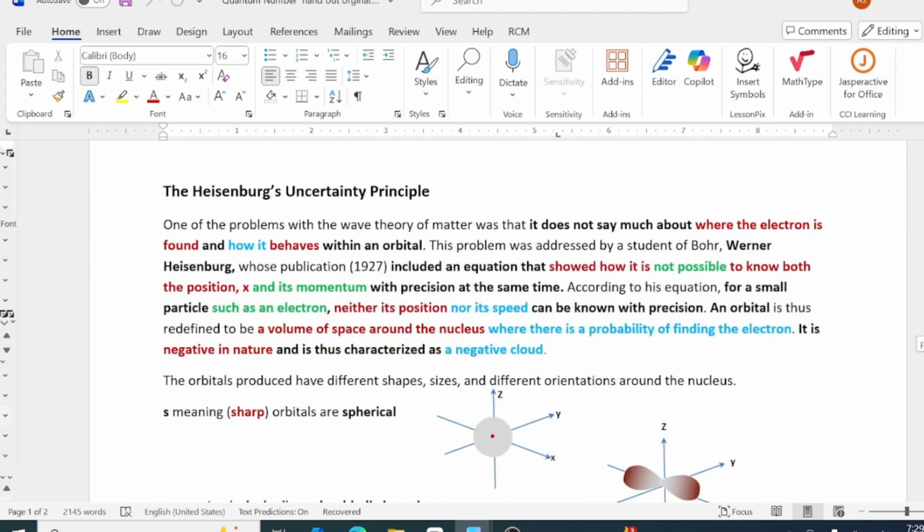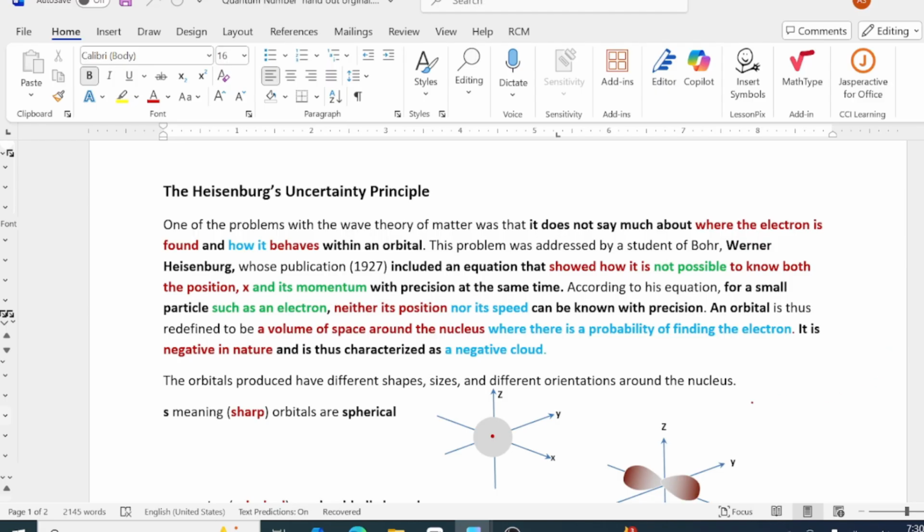Alright. The Heisenberg uncertainty principle. One of the problems with the wave theory of matter was that it does not say much about where the electron is found and how it behaves within an orbital.